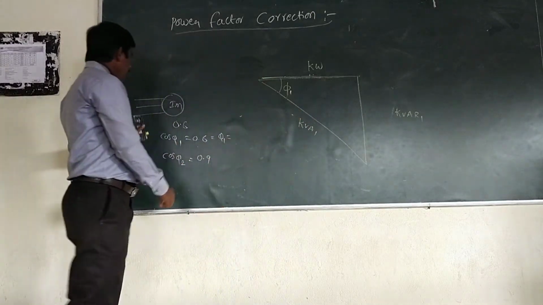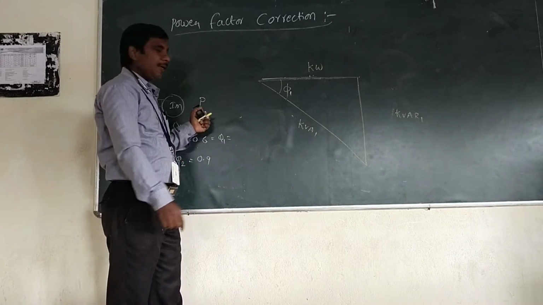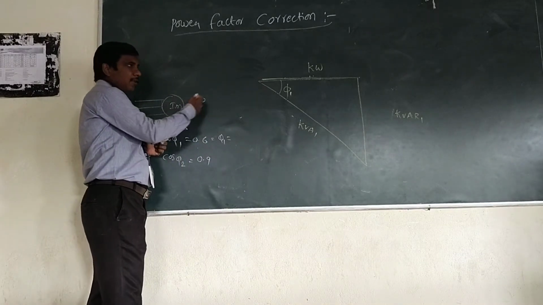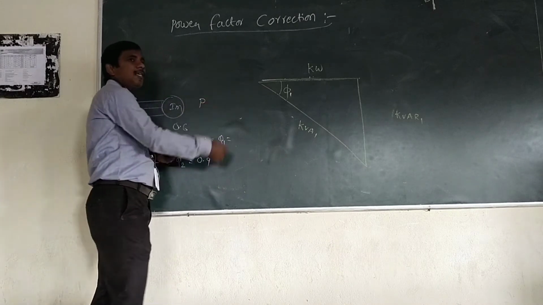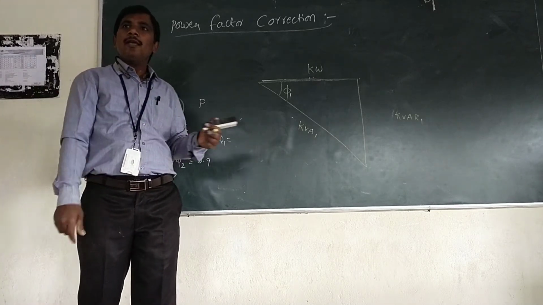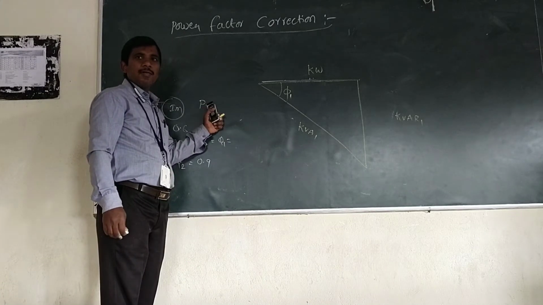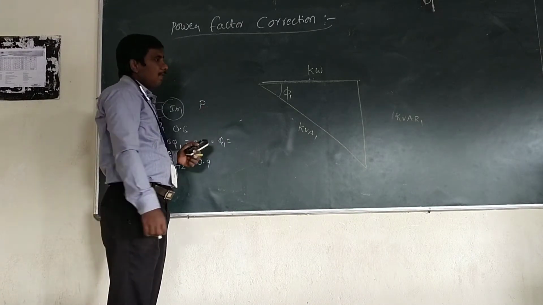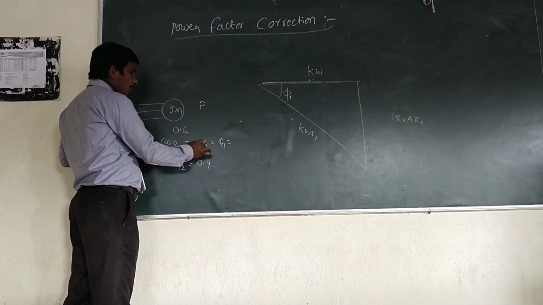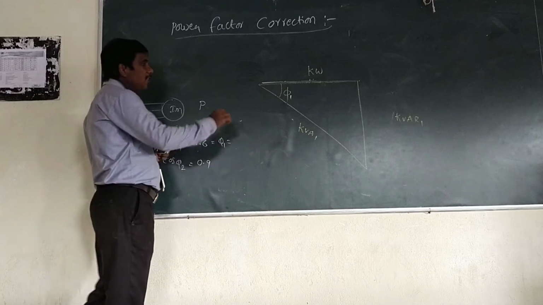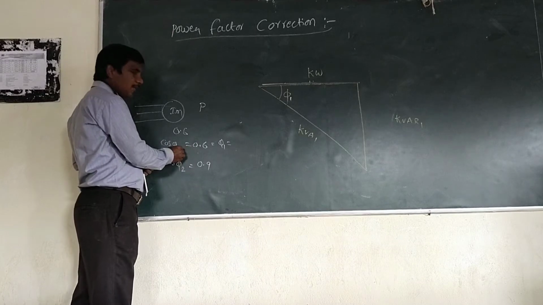Let P be the real power taken by the load in kilowatt, say 10 kilowatt or 15 kilowatt. The initial power factor is cos phi 1 equal to 0.6.